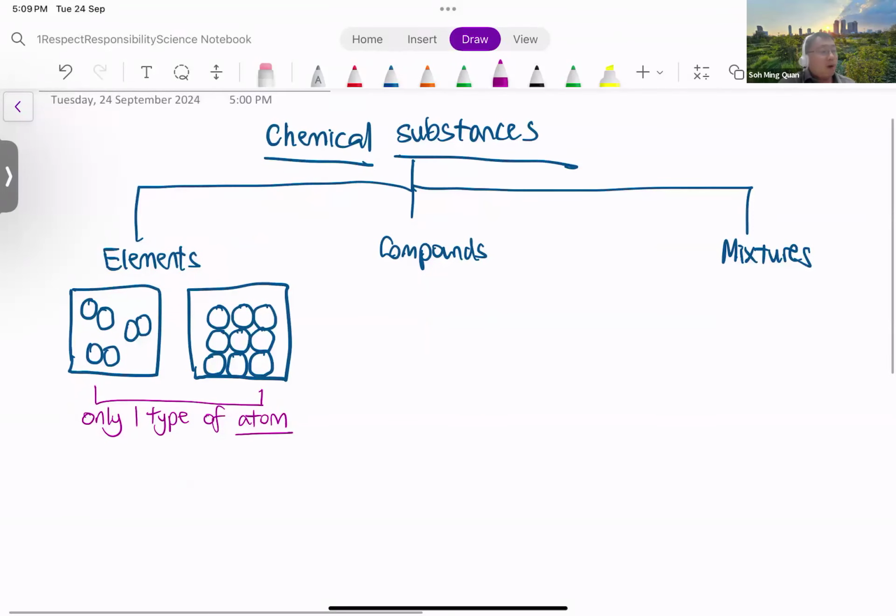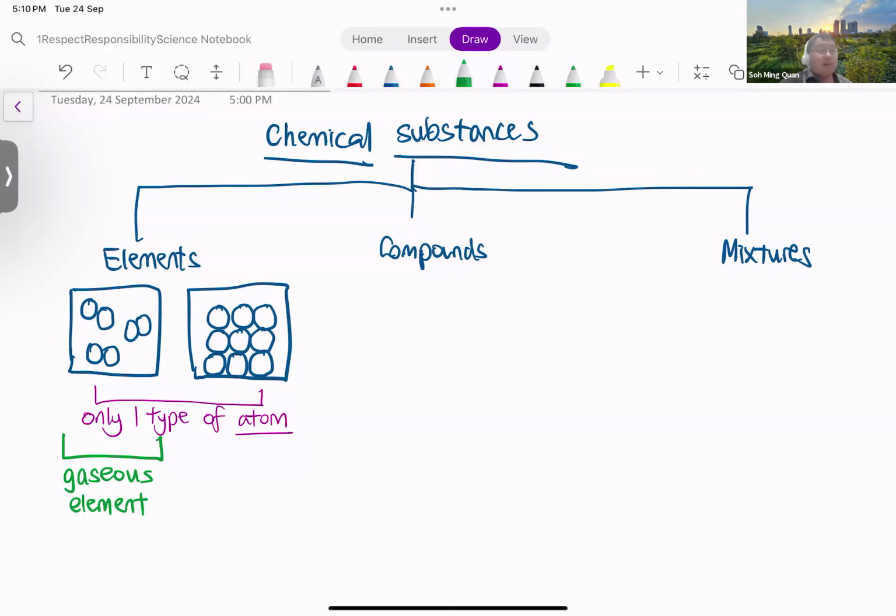Okay, but we can go one step further. You can see that the element on the left is different from the element on the right. How can you tell? The arrangement of the particles on the left is different, and it tells you that this must be in the gaseous state. So we say that it's a gaseous element.